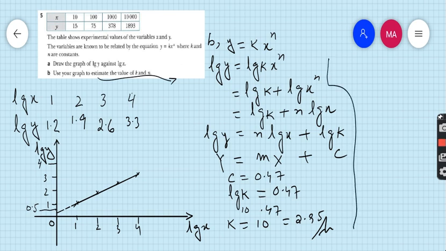Okay, now find the value of n. n represents the gradient.